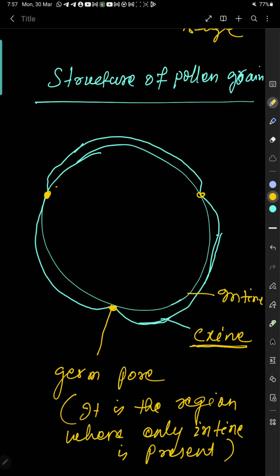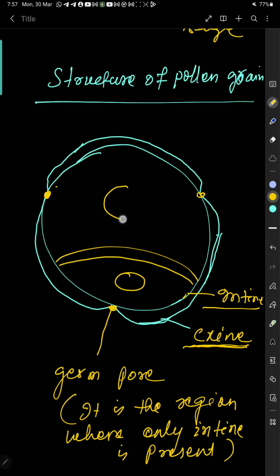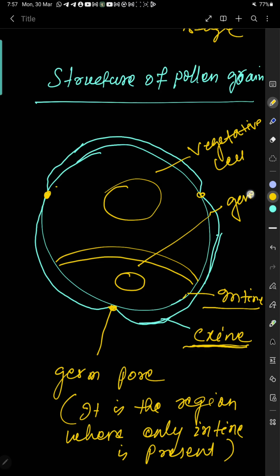Okay, so the outer layer is exine, the inner layer is intine, and inside are two cells, as in 60% of cases two cells are there. One is the vegetative cell and the other is the generative cell.